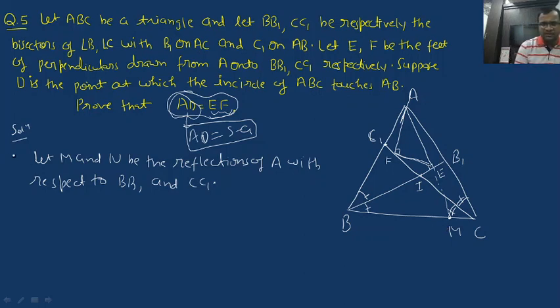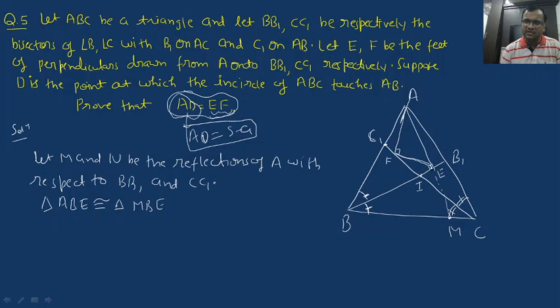You can see these two triangles, triangle ABE is congruent to triangle MBE. The reason is very much clear because this angle is B by 2, here this angle is B by 2.